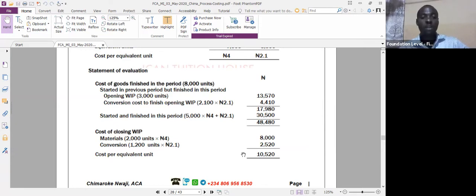Then conversion. Okay, so 13,570 is both material and conversion. This is the cost that was brought forward from last month to this period.